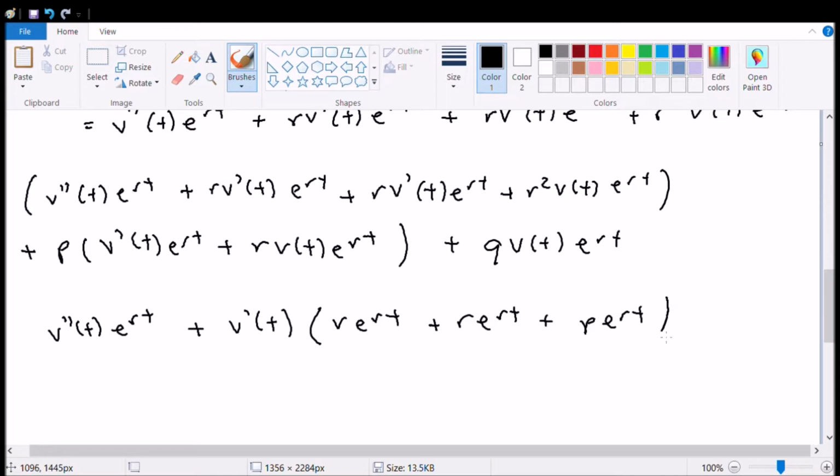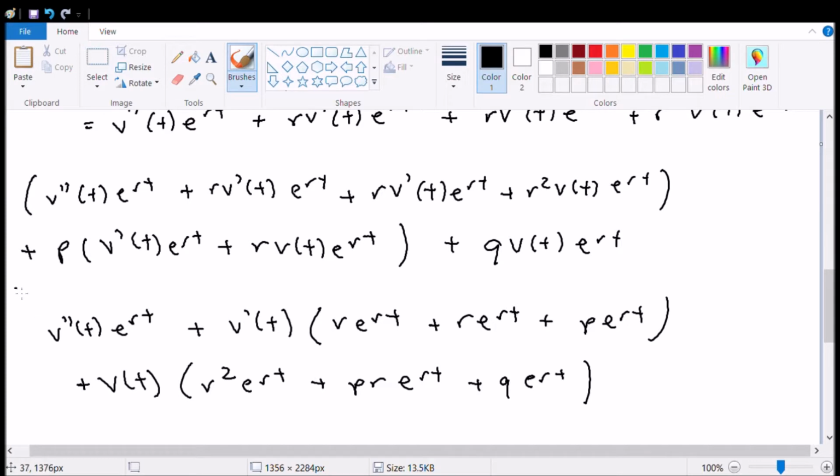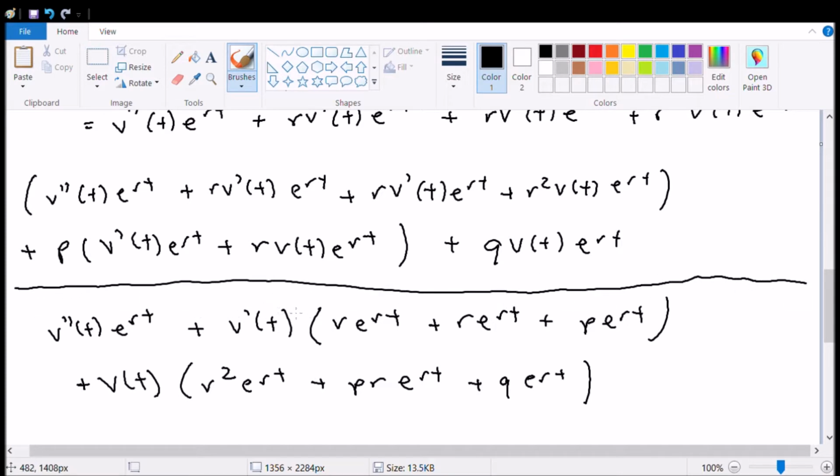And then we're going to group the ones with just v of t. So here's one. Here's another one. And then here's the final one. And so that is what we get when we combine like terms and we factor it out.